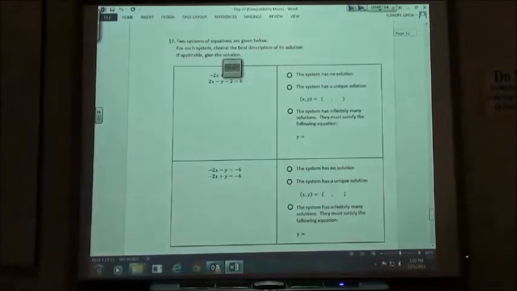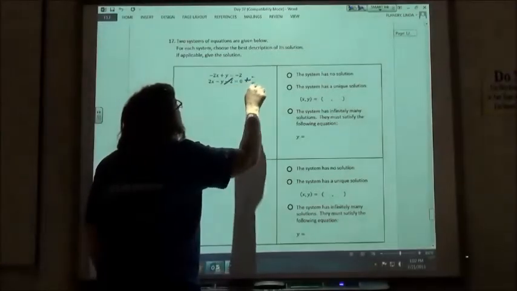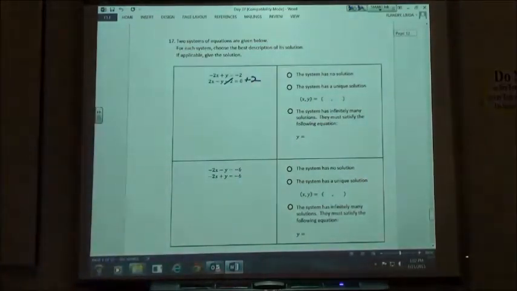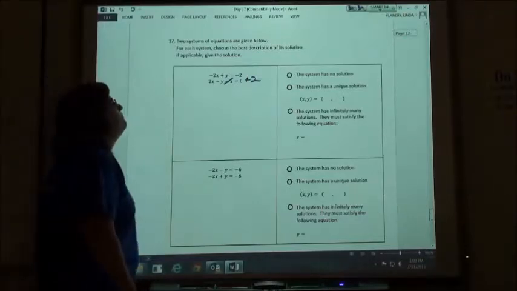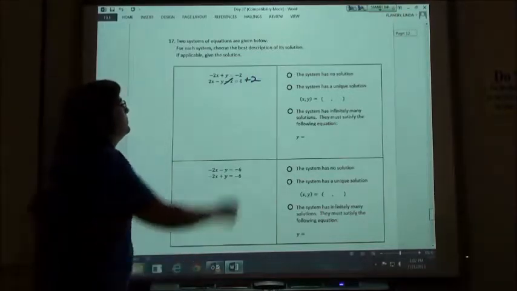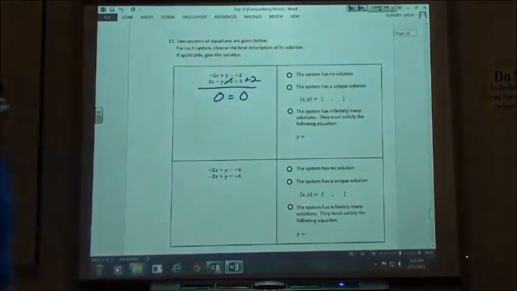So number 17, if you add those, the first thing I need to do on that equation is I don't have that second equation in standard form. So I probably want to move the 2 over, right? Plus 2. Now if I add those two equations together, I'm going to get 0 equals 0.